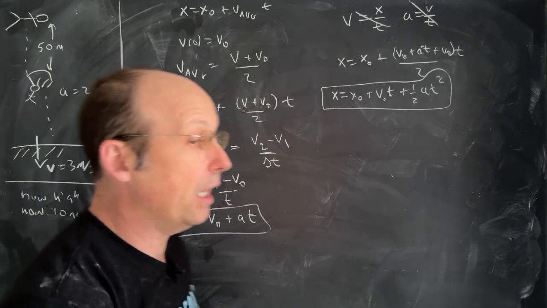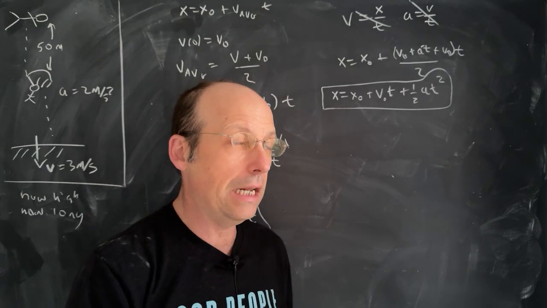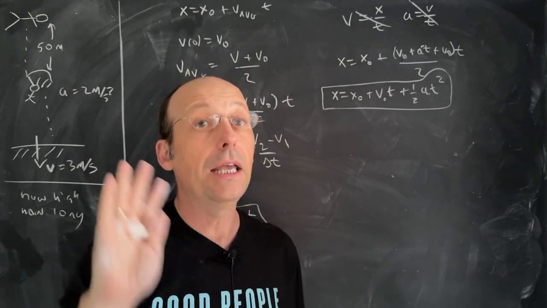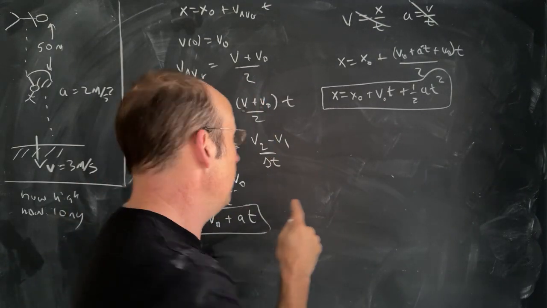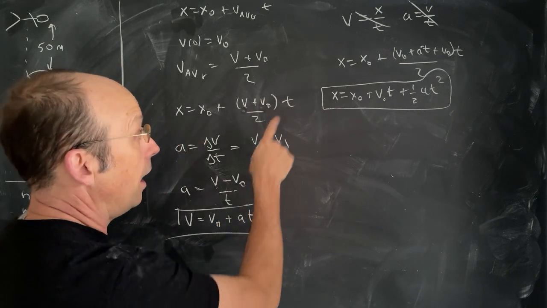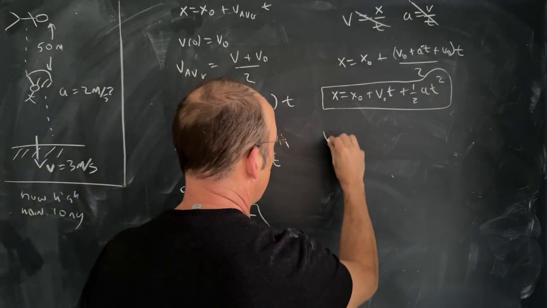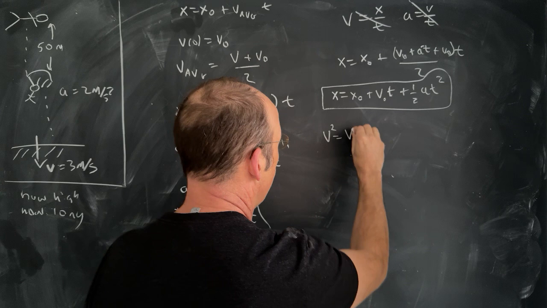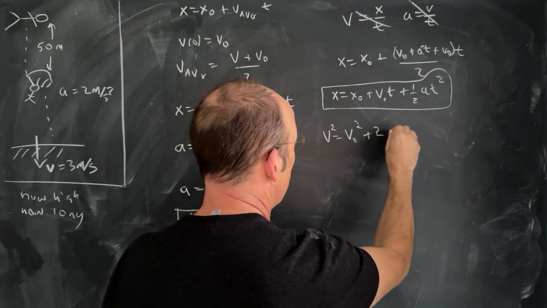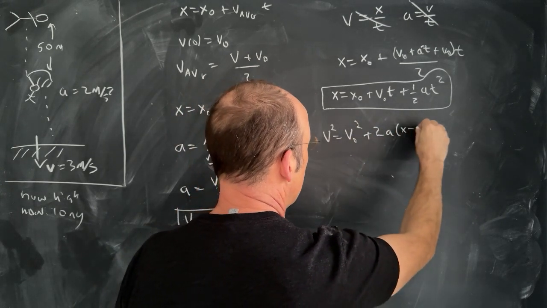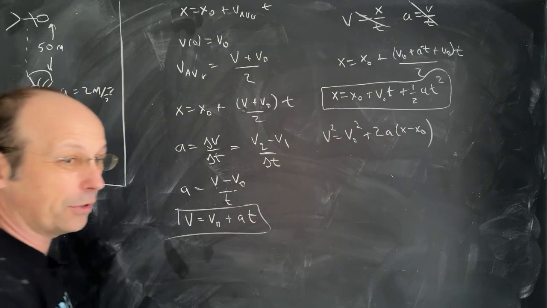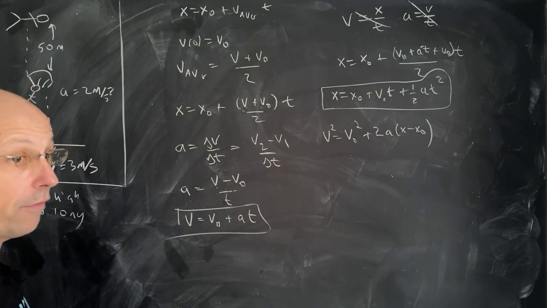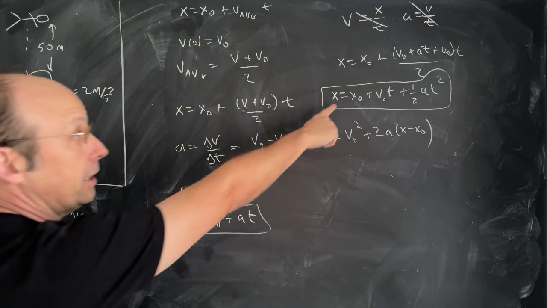Now, there is a third kinematic equation. We don't need it, and we can rederive it later in simpler terms. But it is possible to eliminate time from this, and we get this equation: v squared is v0 squared plus 2a times x minus x0. You'll see that one too. I just want you to know that it is derivable. I'm not going to derive it, because that's all we need right there.